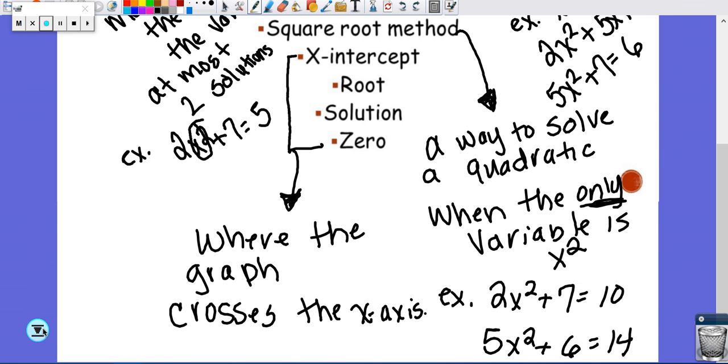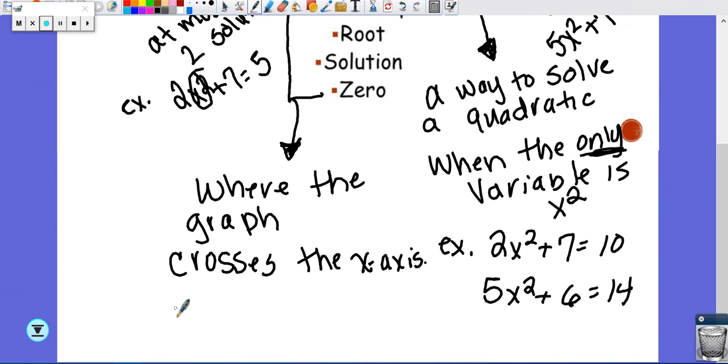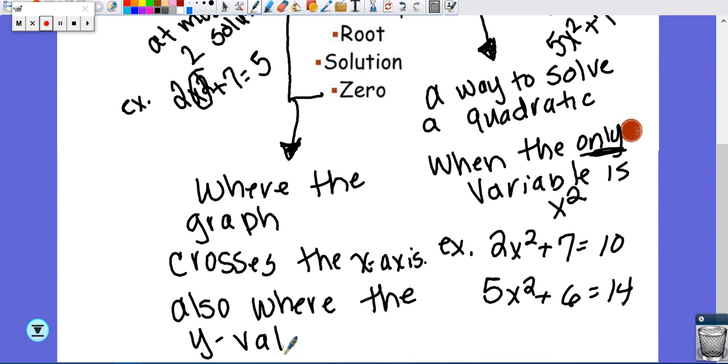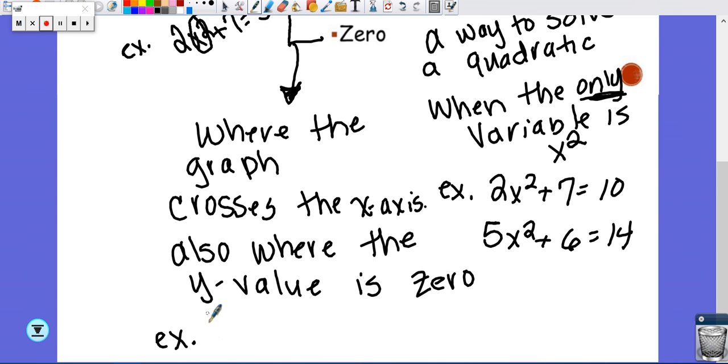And there's something else you need to know about this. It's also where the y value is 0. Here's your example. If I tell you the solutions to a graph are 2, 0 and negative 2, 0, and the roots, solutions, x-intercepts are zeros.